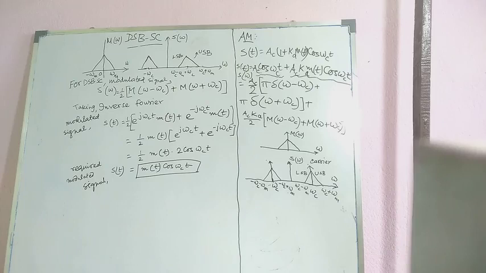So this m(t) into cos omega c t, as it is carrying only the sidebands and suppressing the carrier, communication engineers and professionals call this double sideband suppressed carrier. Thank you.